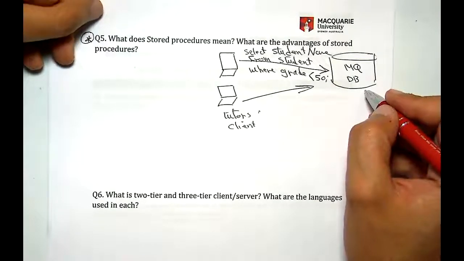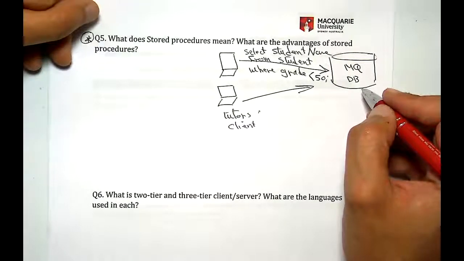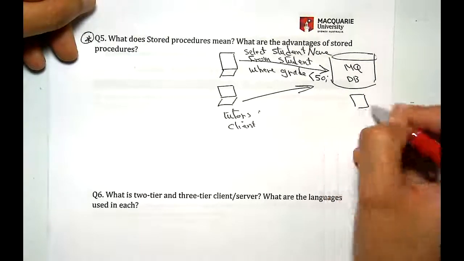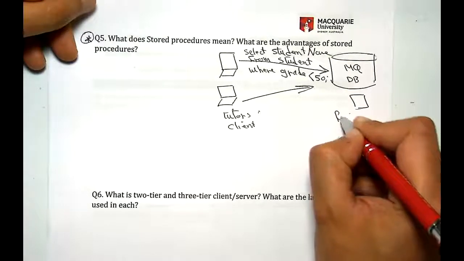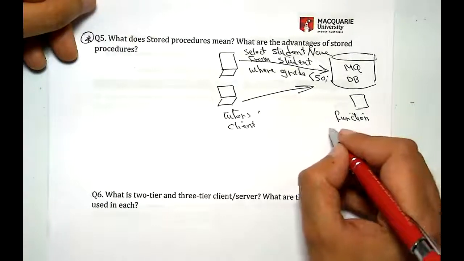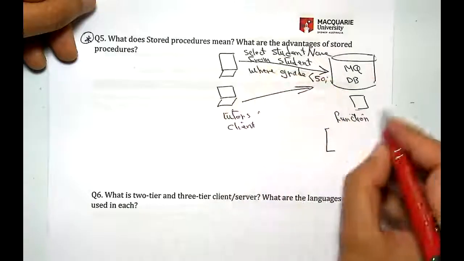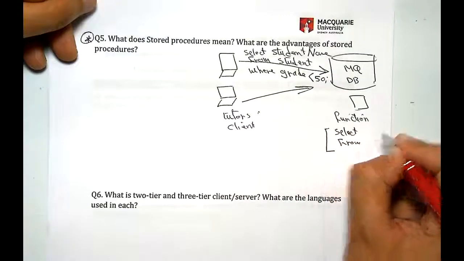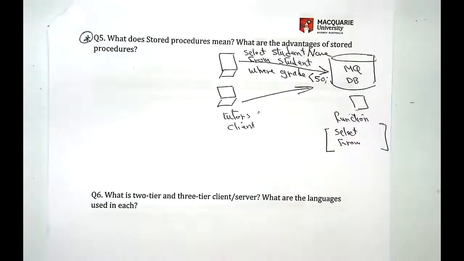So what we have done in stored procedure, we simply create a function or a routine. This function will have the code, this select from code, and it will be saved on the server side. And how do we run the stored procedure? You remember what is the keyword? Call.